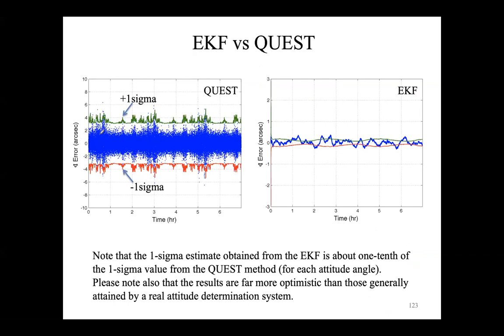If you have the possibility to use the gyroscopes, so use the extended Kalman filter, you're able to propagate the previous information to the next one, and you're able to reduce the noise of the measurement by including the propagation of the spin rate thanks to the gyroscope measurement.